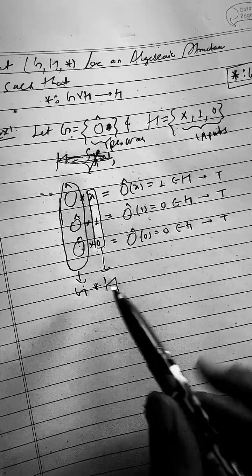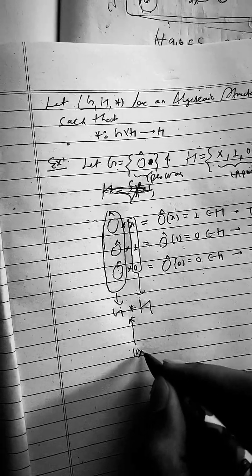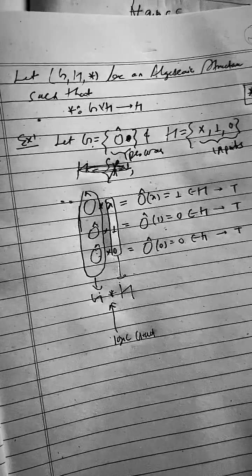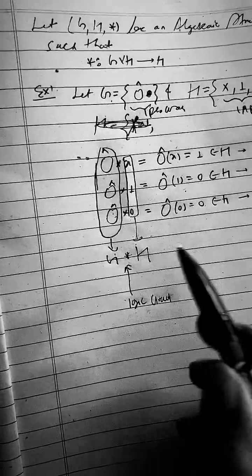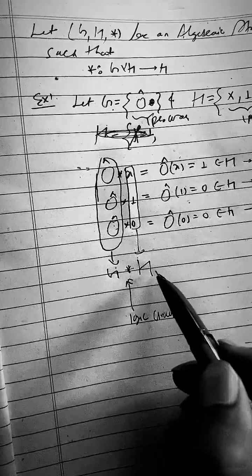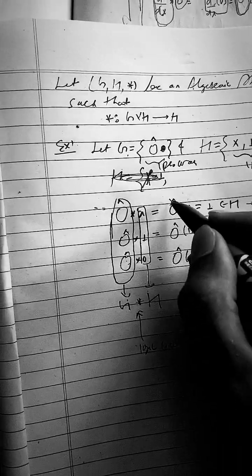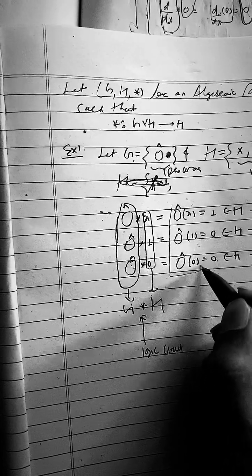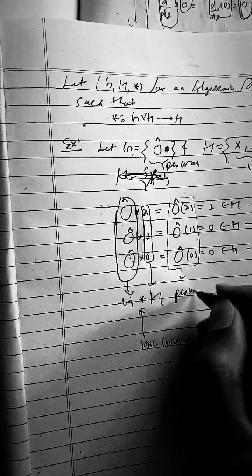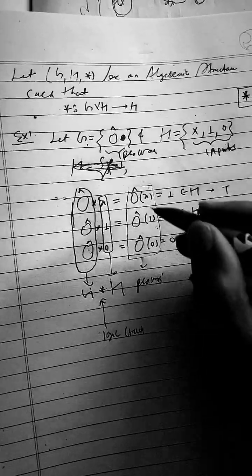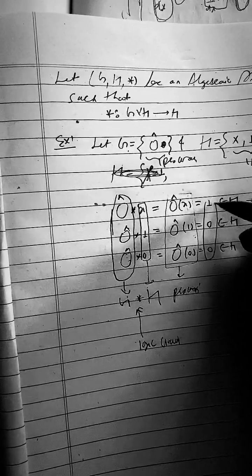This is what we design manually. This is our logic circuit that we can create. Now this operator G is acting on H. So it is a processor taking some input. Here is the processing happening. It is processing, and after processing this data, we are getting different data here.